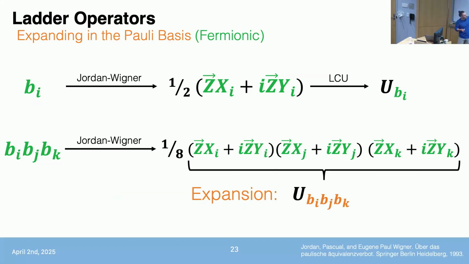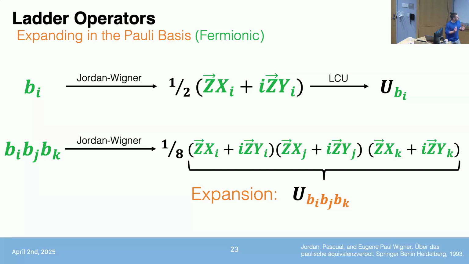In this case, I have 3 sums of 2 Paulis. So if I fully expand that out, I'll get 8 Paulis. But the cost of doing LCU scales roughly with the number of things in your linear combination. So you can imagine that as I keep tacking on fermionic ladder operators here, I'm going to exponentially increase the number of Pauli operators that I have. Does that make sense? Cool.